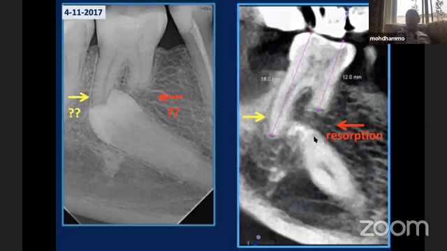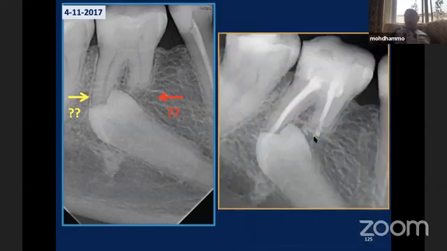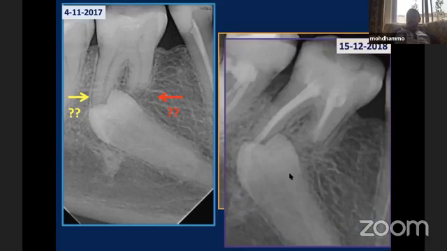So what I did, root canal treatment, and I will keep the tooth under observation. If I notice any sign of resorption here, we will go to surgical intervention of this premolar. And let's see this case after 1 year. We have no resorption here, no lesion here, and we gained the bone here.